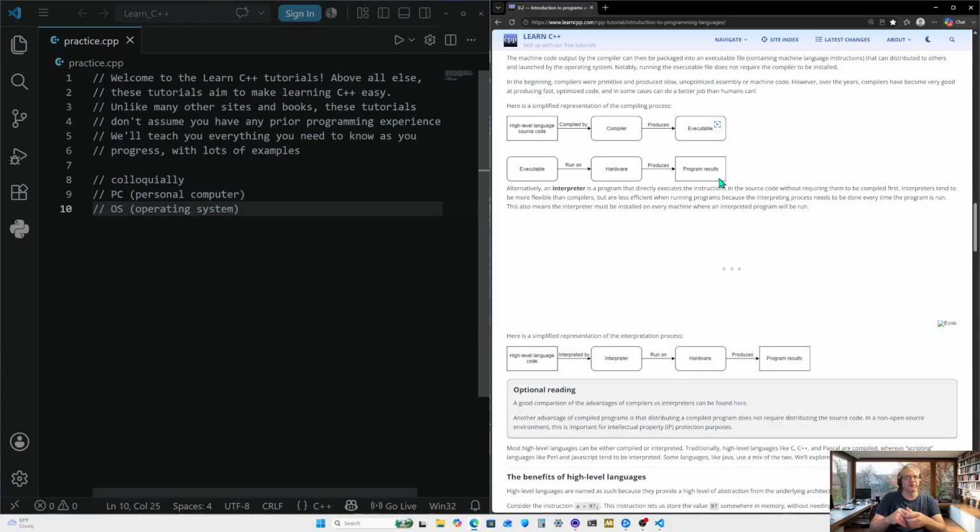The first interpreters tend to be more flexible than compilers, but are less efficient when running programs because the interpretation process needs to be done every time the program is run. So yes, I believe most computers nowadays probably have that built into them, to where they have the ability to interpret whatever code is installed onto the computer. So when you install it, it's probably translating it into something that your computer can understand.